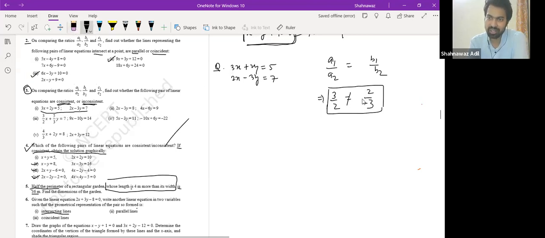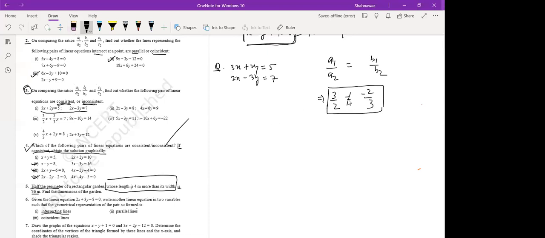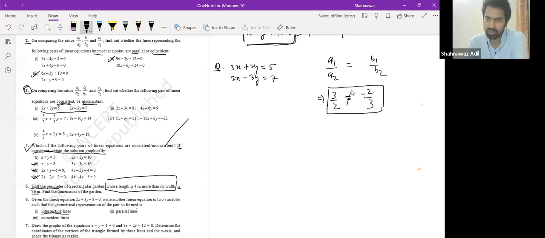So we can write it as minus 2 by 3, right? So I directly wrote 2 by minus 3 as minus 2 by 3. Okay. So you can see that A1 by A2 is not equal to B1 by B2. So this will give me a unique solution, right?